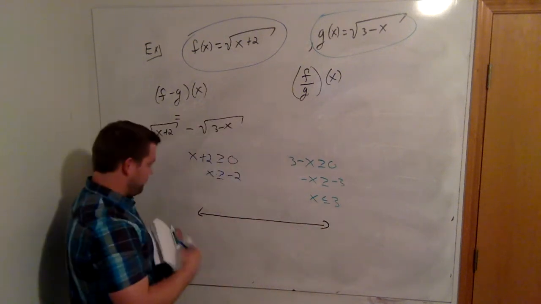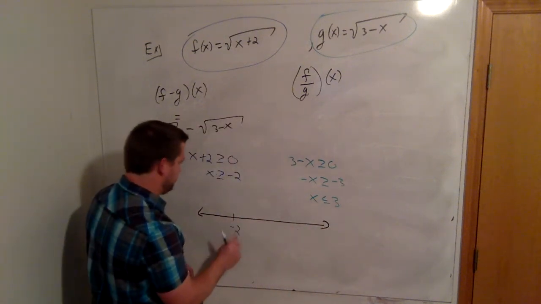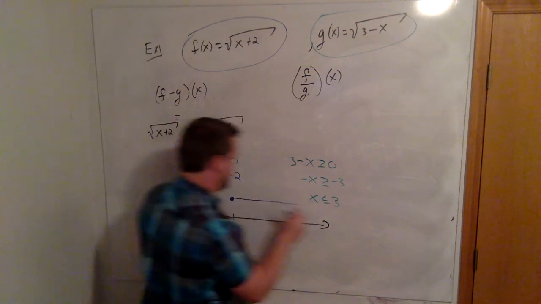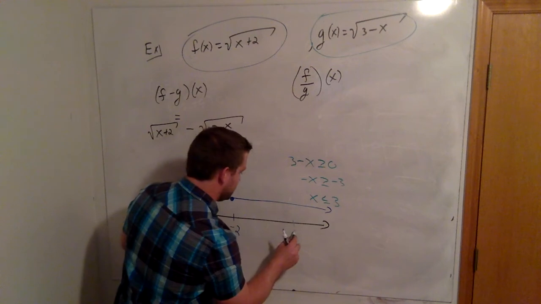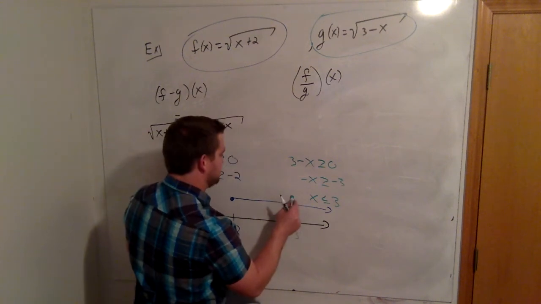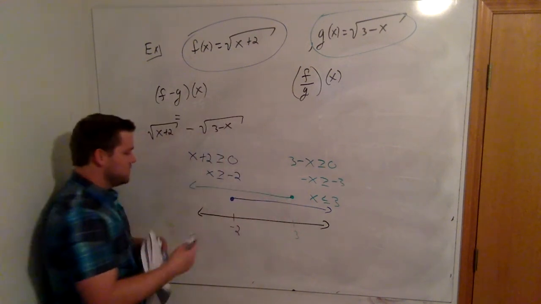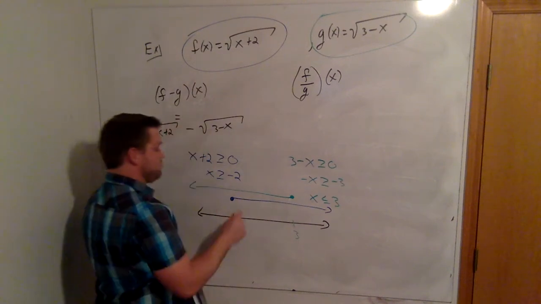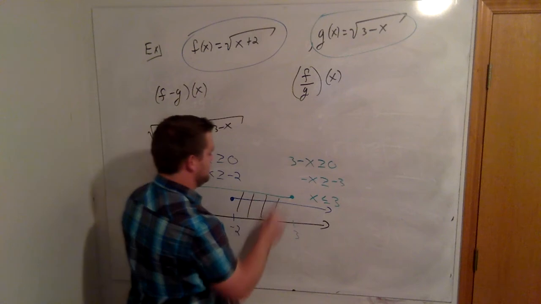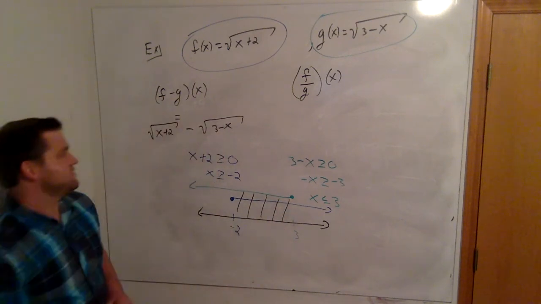Okay, so for x, we're here at -2. I need everything greater than or equal to -2. For g, I need all values of x less than or equal to 3. So if I want to know the domain of the combination of these, or the domain of the subtraction, that'll be everything that's in common, or the intersection.